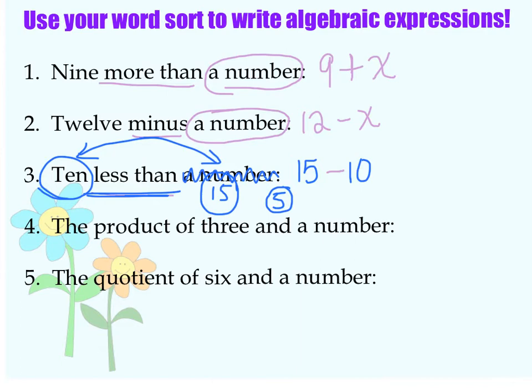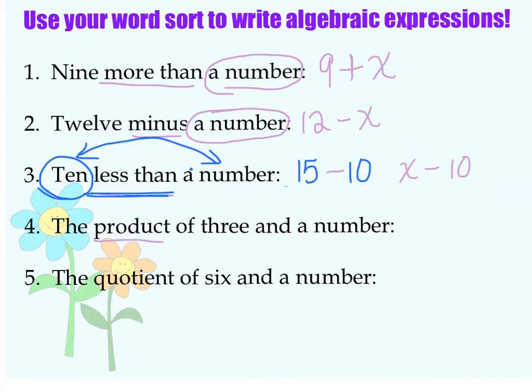So our expression with the a number, instead of the 15, that expression is going to be x minus 10. So anytime you see the words less than, fewer than, shorter than, those all indicate subtraction except in the opposite order.